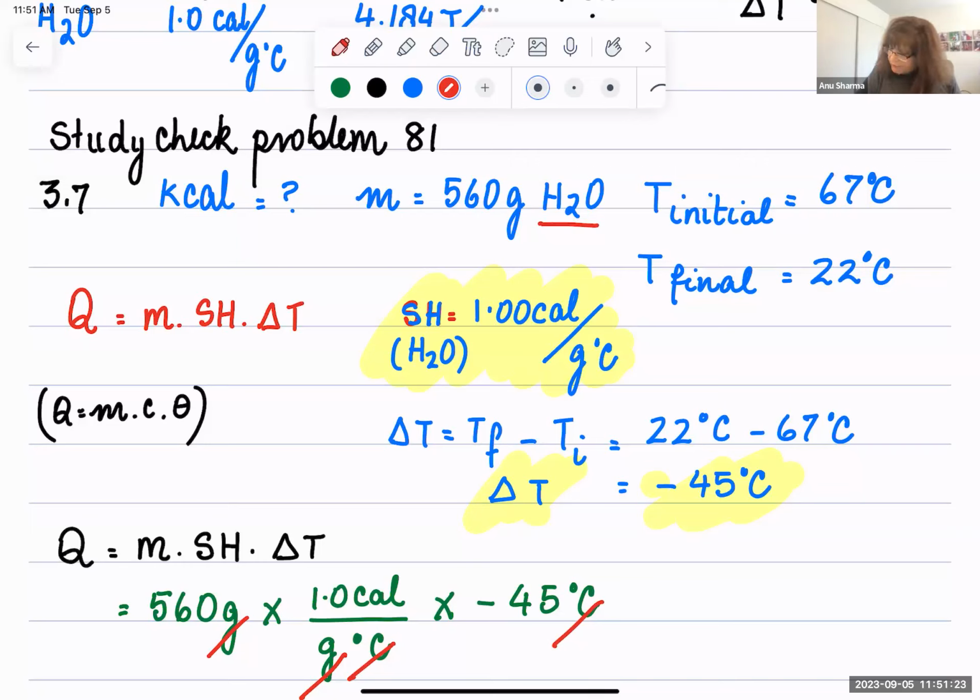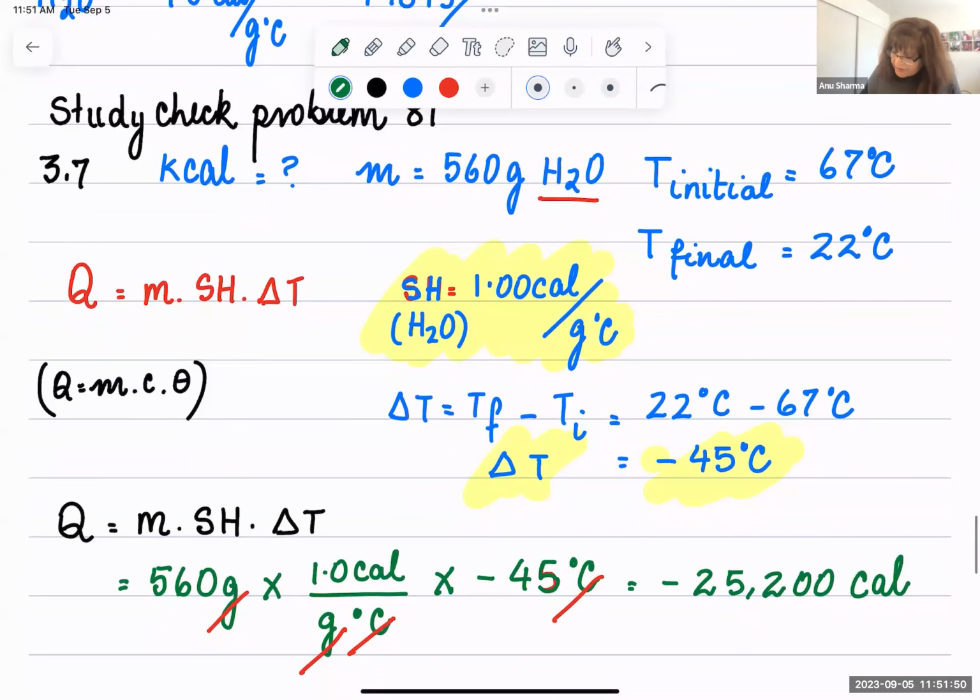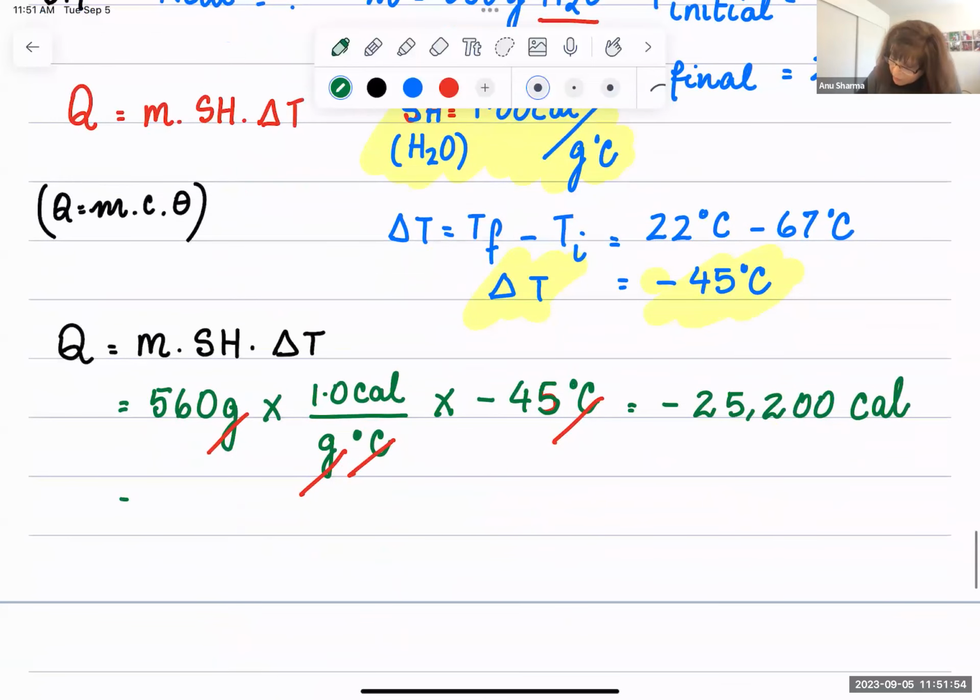So negative 45 times 560, and you get negative 25,200 calories. Remember, the question is asking for the kilocalories, so we will have to convert.